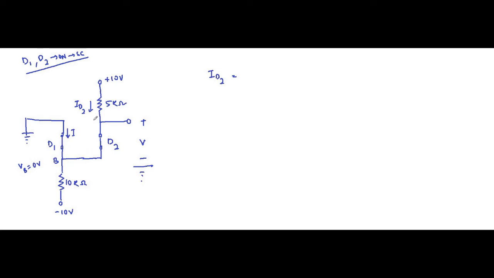D1 is short circuited, and this point here is A. ID2 will be simply 10 volt minus VB, which is 0, divided by the resistance involved, which is 5 kilo ohm, which is equal to 2 milliampere. ID2 is equal to 2 milliampere. Now if we apply KCL here, the total current flowing here is I plus ID2.